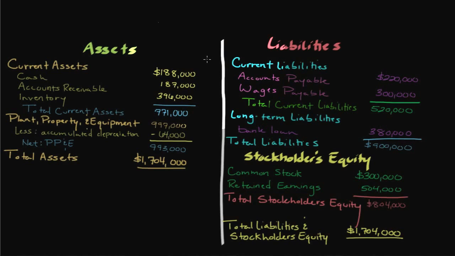Now, as we know, the balance sheet is based upon the accounting equation, which is assets equals liabilities plus owner's equity. The reason for that is that a company has two primary sources of funding its operations: either liabilities, i.e. debt, or stockholders' equity, also referred to as owner's equity, which is money we obtain from investors who become shareholders.